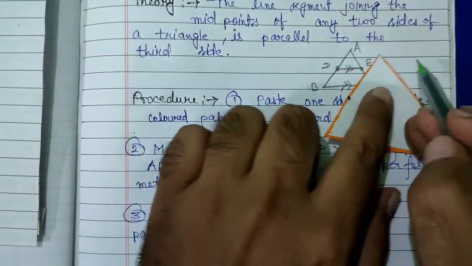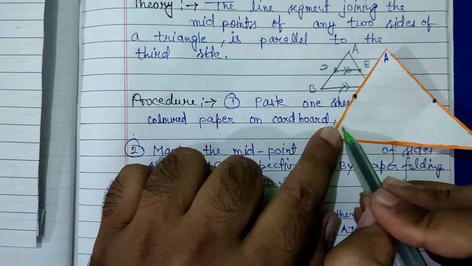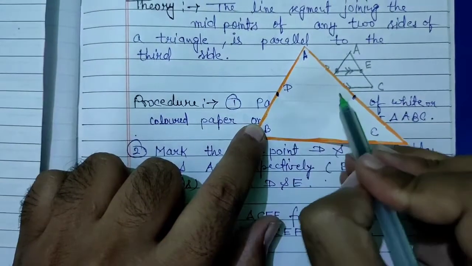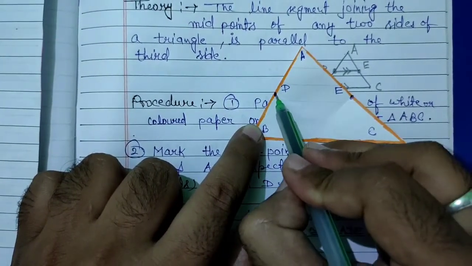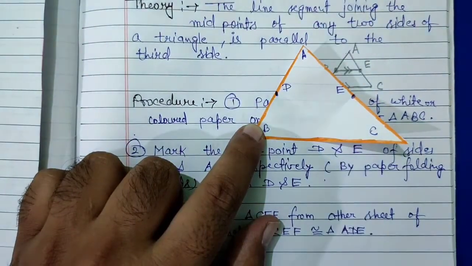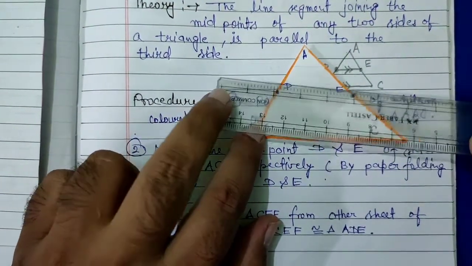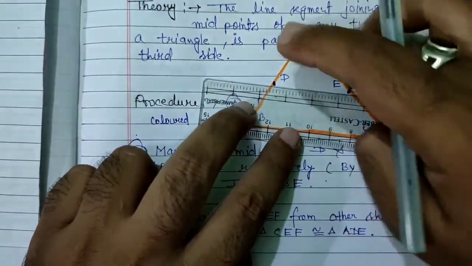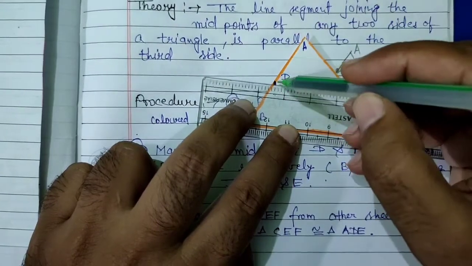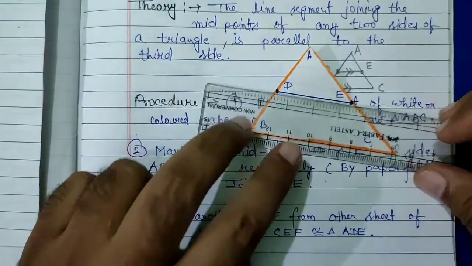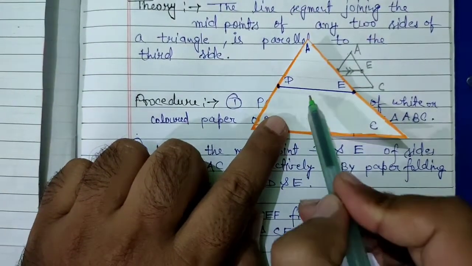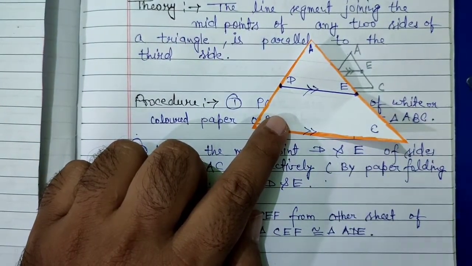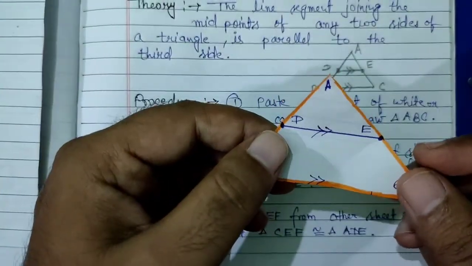If you say this A, B and C, and these midpoints are D and E. Just join these 2 points carefully. This line DE will be parallel to this line. We'll further solve it why it will be parallel.